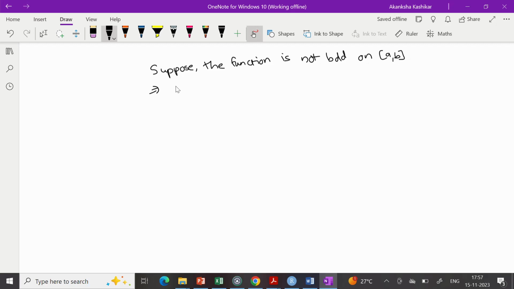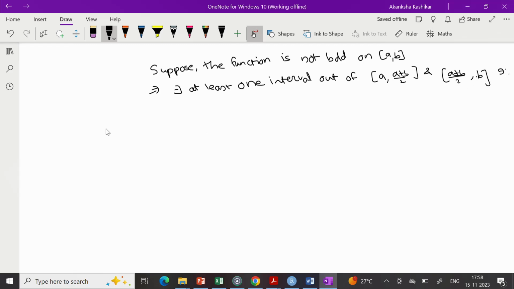This implies there exists at least one interval out of [a, (a+b)/2] and [(a+b)/2, b] such that the function is not bounded on this interval. Okay, the function is not bounded on this interval.